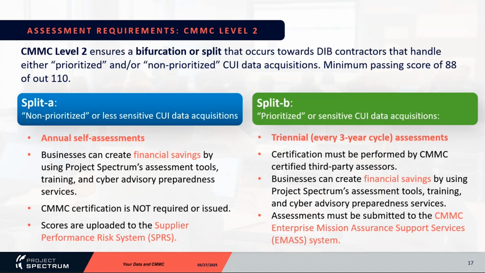Wrong. Project Spectrum does not perform the assessments. We simply get you ready for the assessments. And again, what you need to do is have that assessment done by a certified third-party assessor, and then that gets submitted to the CMMC Enterprise Mission Assurance Support Services System, also known as eMASS.